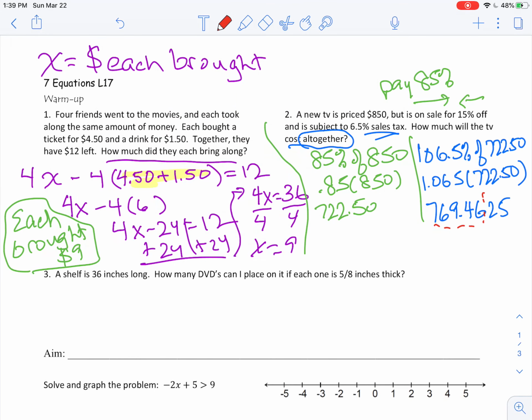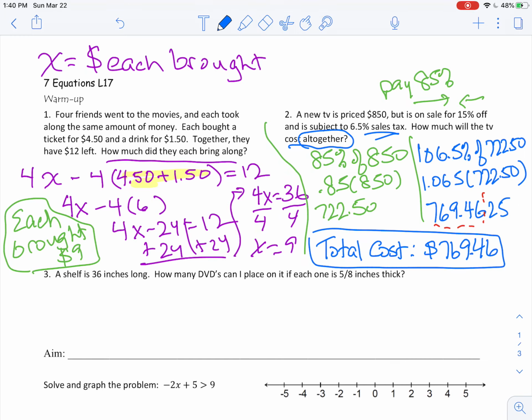Our money system goes 2 places past the decimal point, so we have to decide, is that closer to $769.46 or 47 cents? And the total cost, whoops, what am I writing here? Total cost is going to be $769.46.